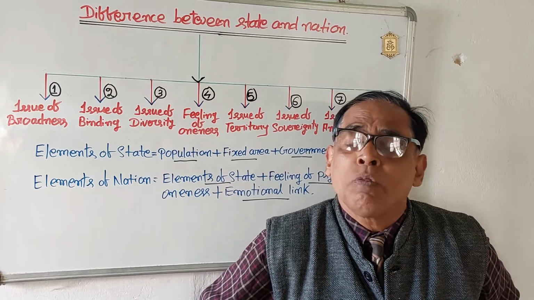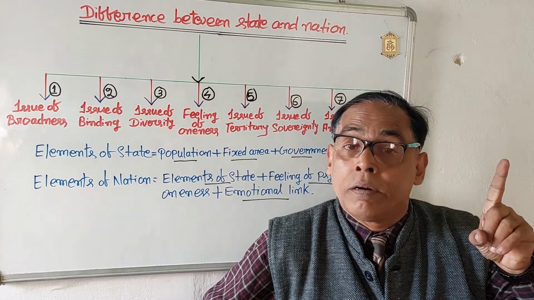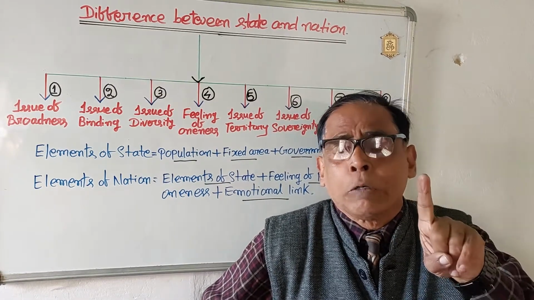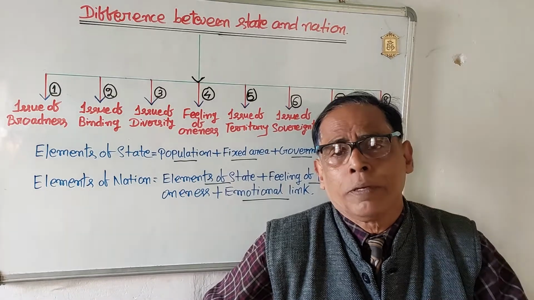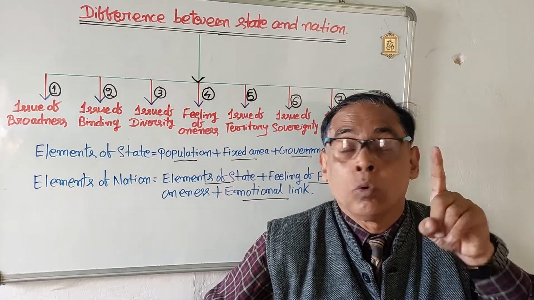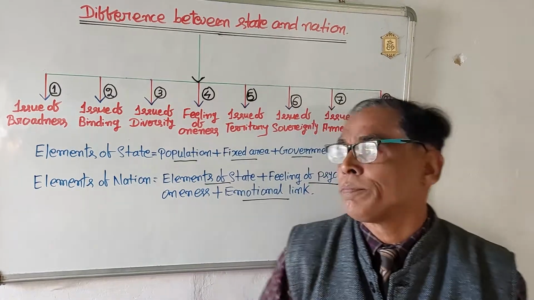So they were unable to form a state. But they were nations. Okay, so a nation requires no permanent territory, but a state requires a permanent territory.